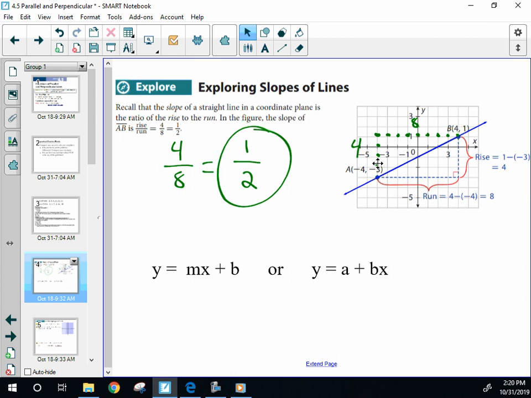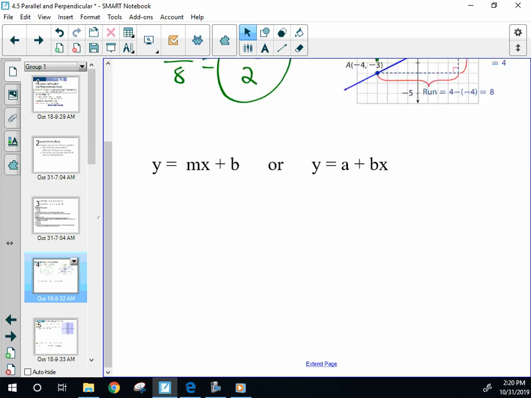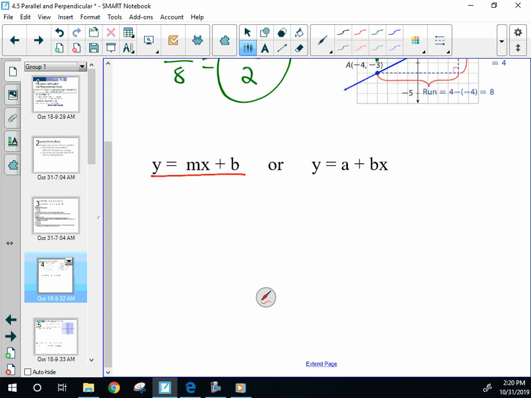So we find slope. The next thing we're going to look at are equations in slope-intercept form. The reason we call it slope-intercept form is because from the equation, I can easily determine what the slope is and what the y-intercept is. We have two forms that we use a lot. The first form is the form that your book actually uses: y equals mx plus b.